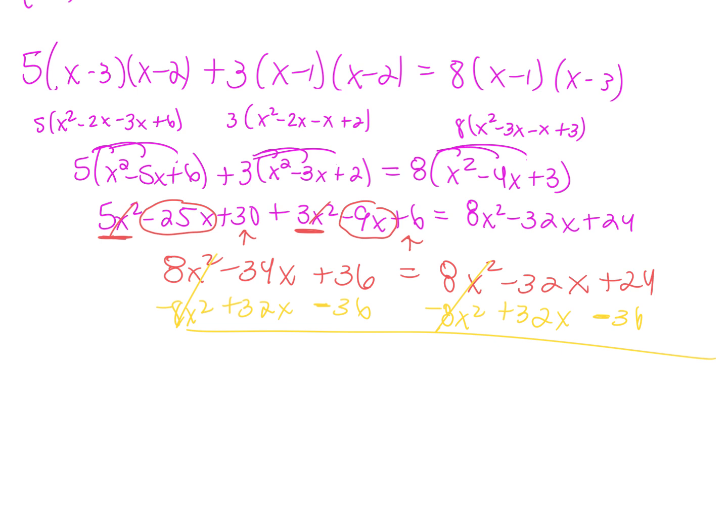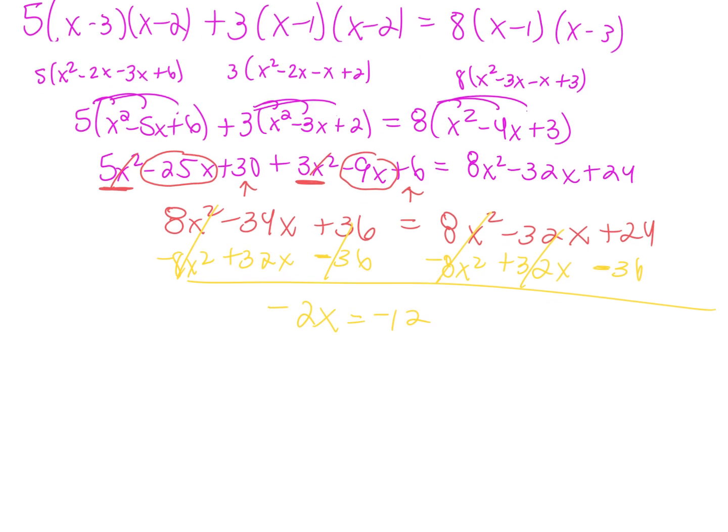So negative 34 plus 32 is going to give me negative 2x. And then 24 minus 36 gives me negative 12. And then we're going to divide both sides by negative 2, so x equals 6.